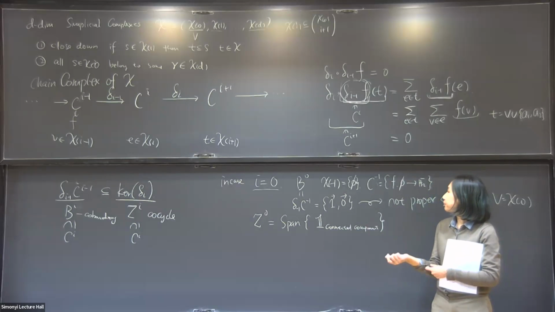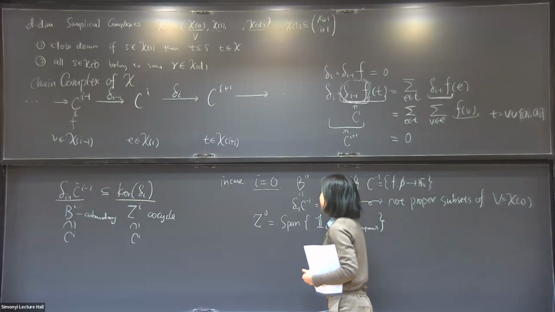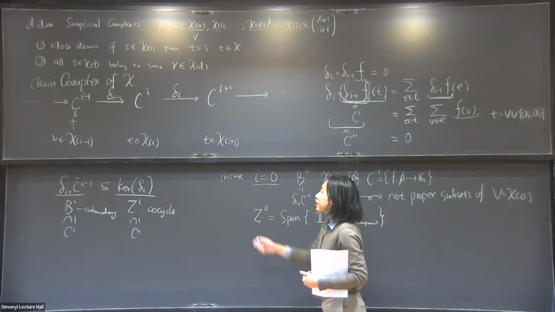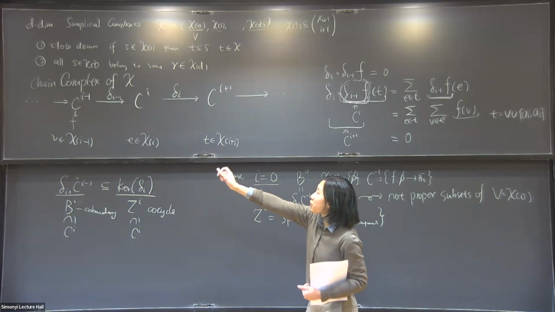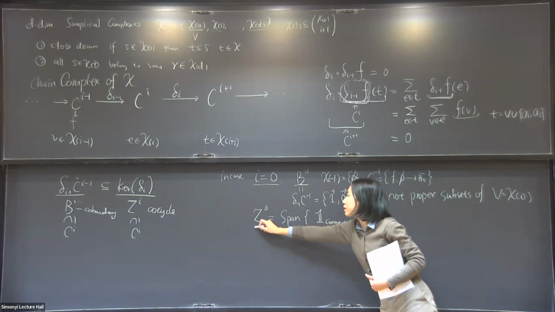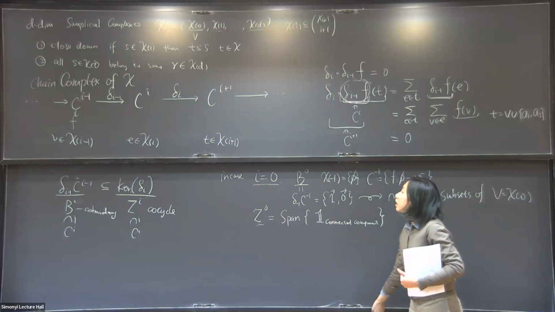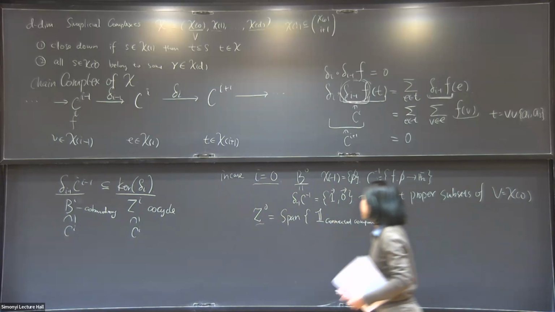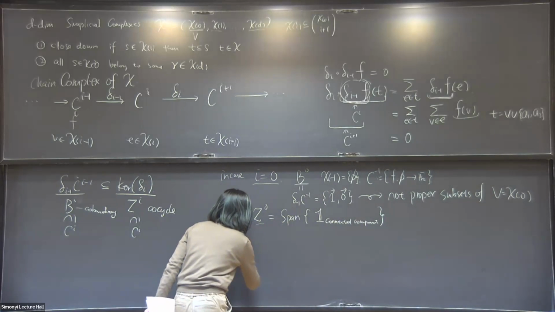And right, so if we consider now how to rewrite the edge expansion in terms of B0 and Z0, we can actually do it. And it is as follows.